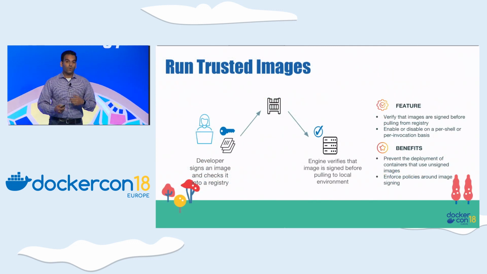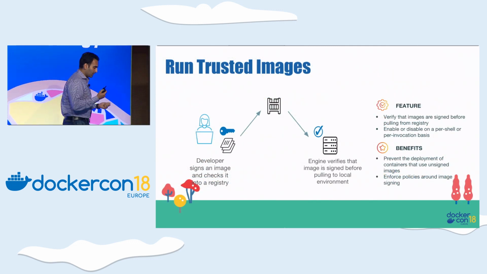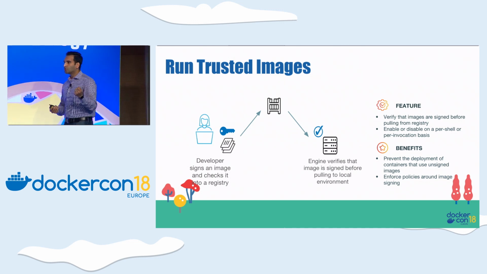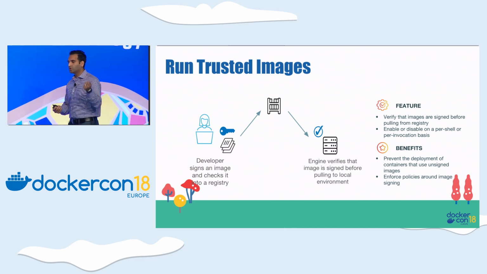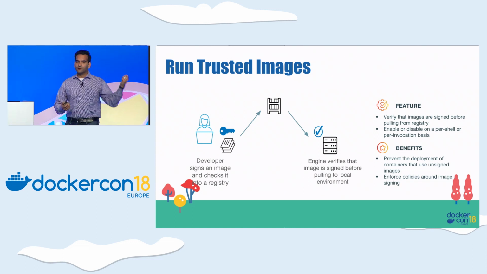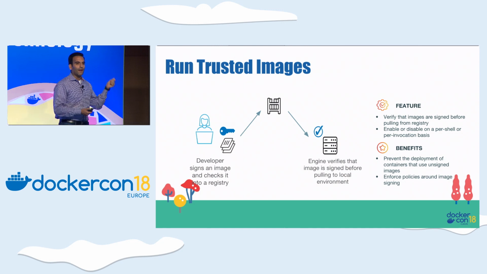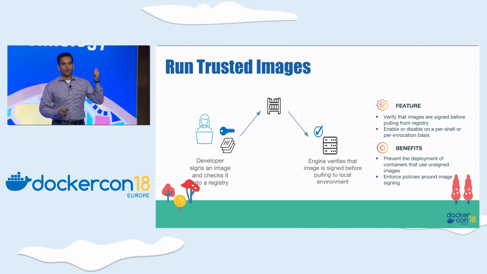Next, once you know what the vulnerabilities are for your running image, you also want to control that. Hey, I only want to run the trusted images. You've signed them. Now you want to put that down as a policy that any time any image is deployed, it should have a cryptographic identity.